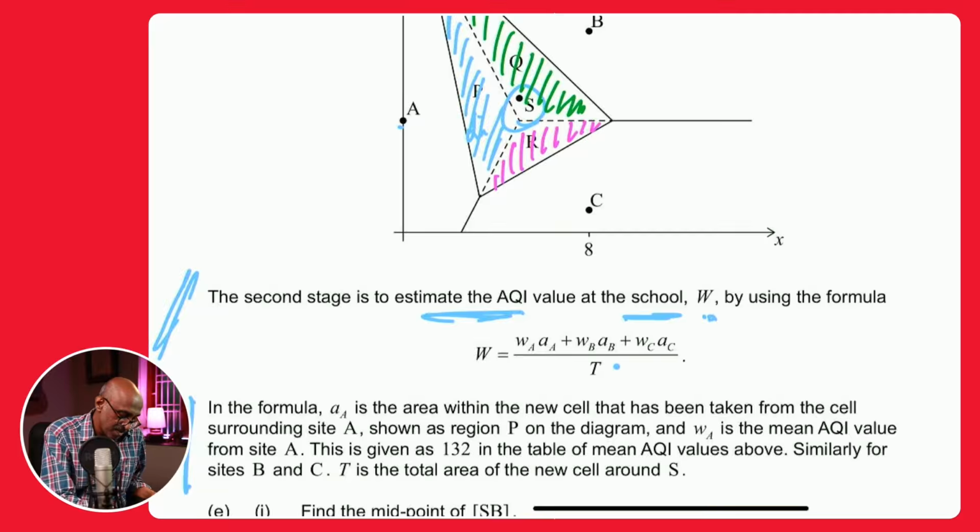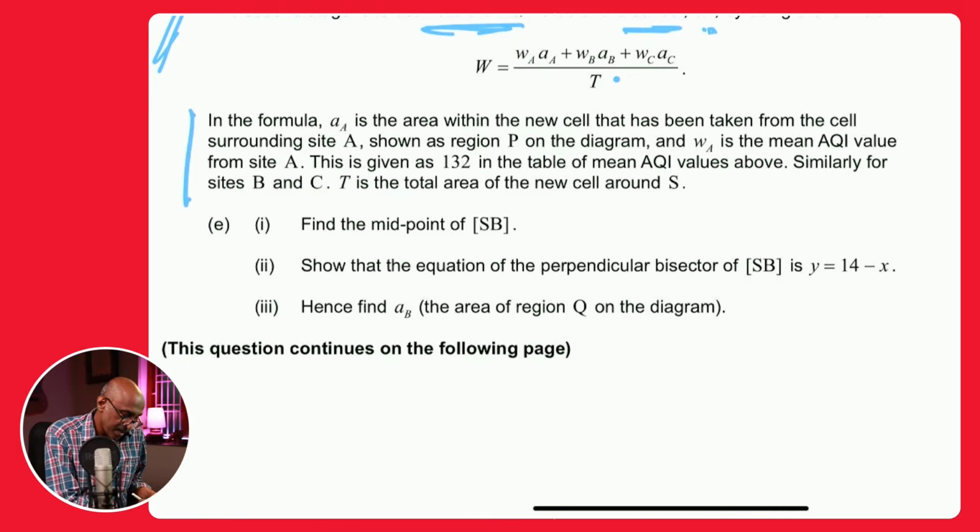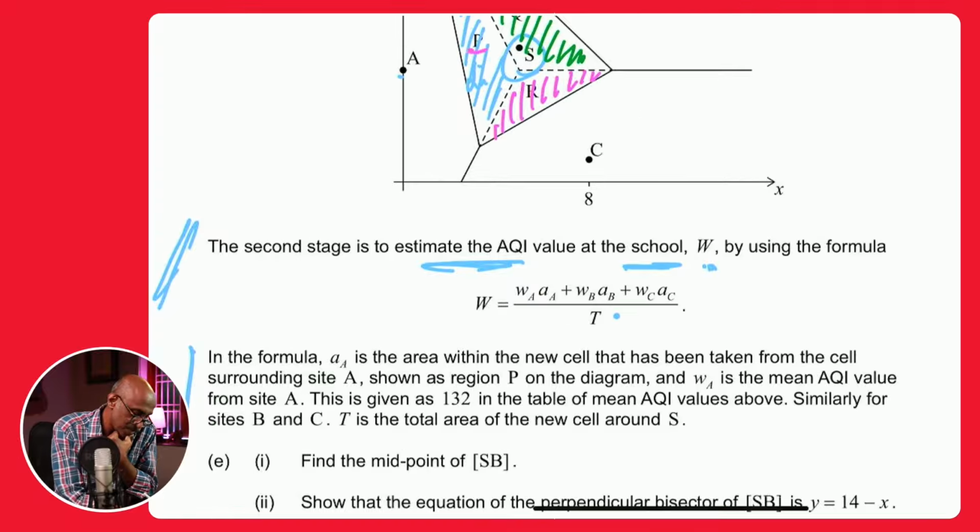So that's what they mean by alpha A. This is given as 132 in the table of mean. Okay, alpha A is the area within the new cell that has been taken from the cell surrounding A, shown in the region P. Yeah, that is what the region P was, right?